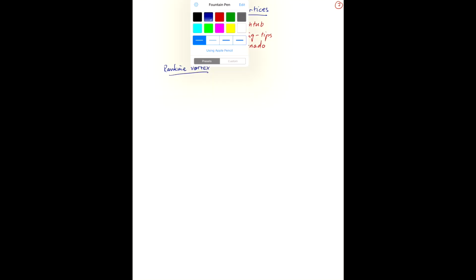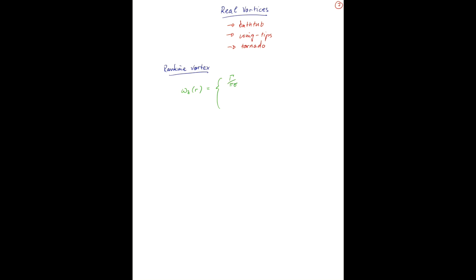So the Rankine vortex, omega z of r, is one where you have solid body rotation in one regime, where gamma over pi sigma squared is constant for the radius smaller than some critical radius sigma, and it's 0 for the radius bigger than that.